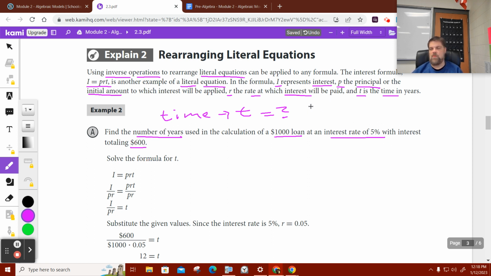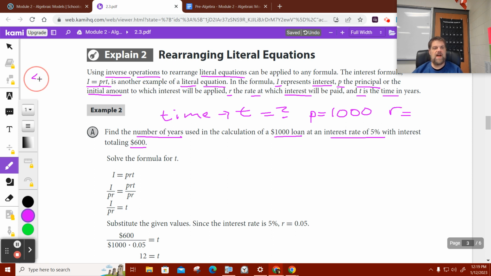So let's figure that out. What amount did they start with? In other words, their principal is equal to $1,000. They started off owing $1,000. Their rate is 5% written as a decimal.